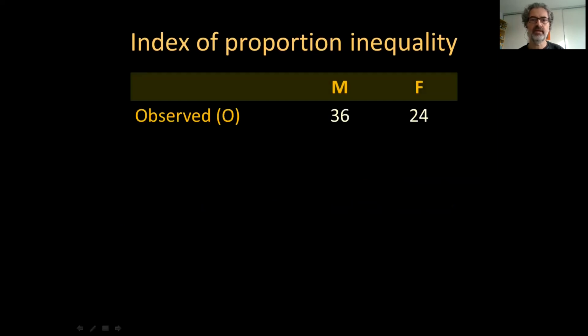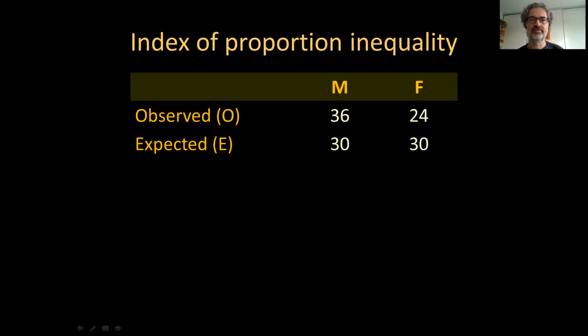So the observed counts are 36 men and 24 women. So that's 60 people. And our expectation from the null hypothesis of even proportions would be 30 men and 30 women, so equal. This is the expected count from the null hypothesis of equal proportions.